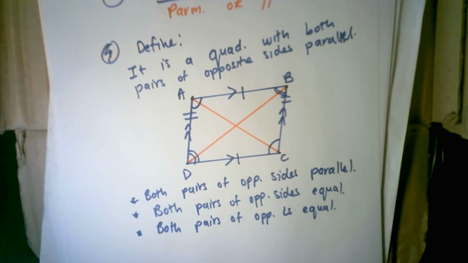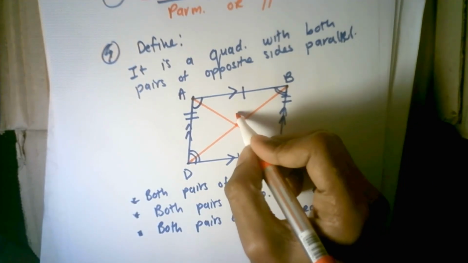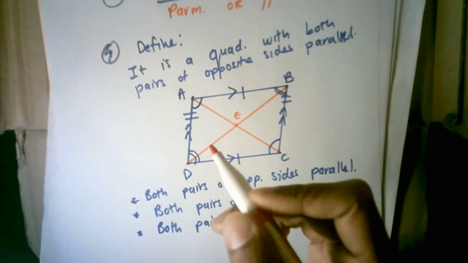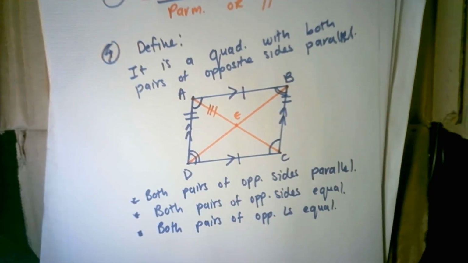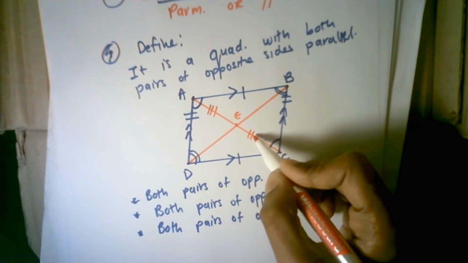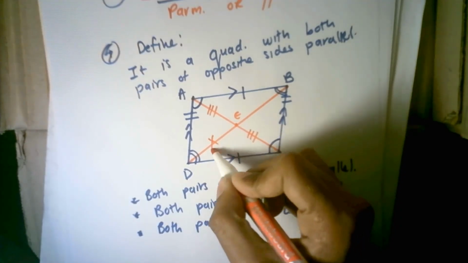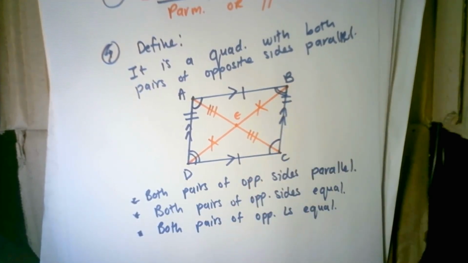The word bisect, bi meaning two, basically means that they cut in half. So let's say they intersect at a common point E. Intersect means that they both cross each other at point E. So diagonal AC intersects with diagonal BD, and they intersect at point E, and they cut each other. So the length of AE is equal to the length of CE, and the length of DE is equal to the length of BE, right?